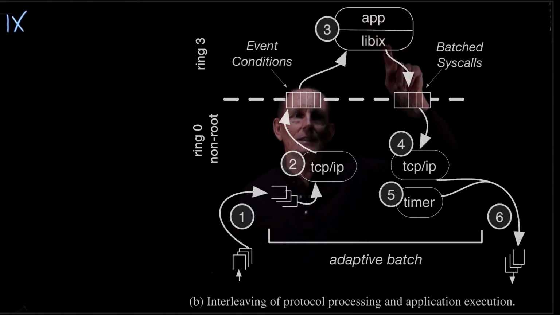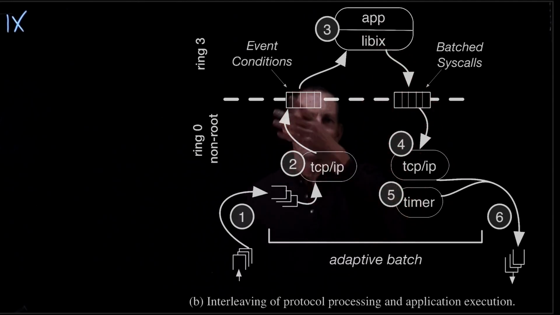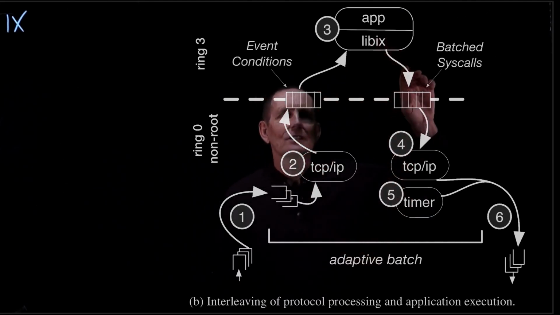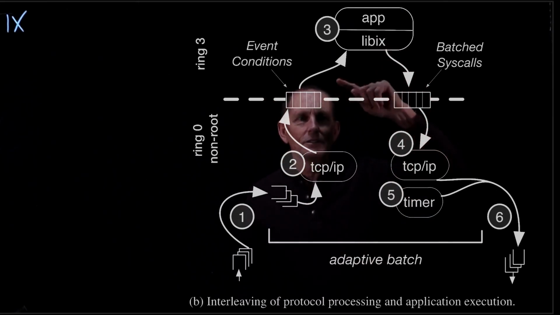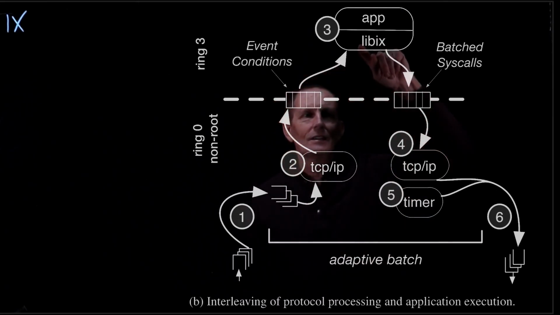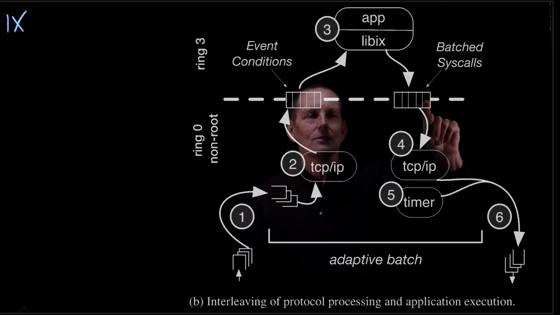And then the application will sit there and process these incoming packets, this incoming data, and in response to that, it's going to send out requests. It's not always going to be one for one, but usually that's the case. Then it's going to batch this up and send those out in a single system call. So a single system call reads in all this data and sends out all this data.